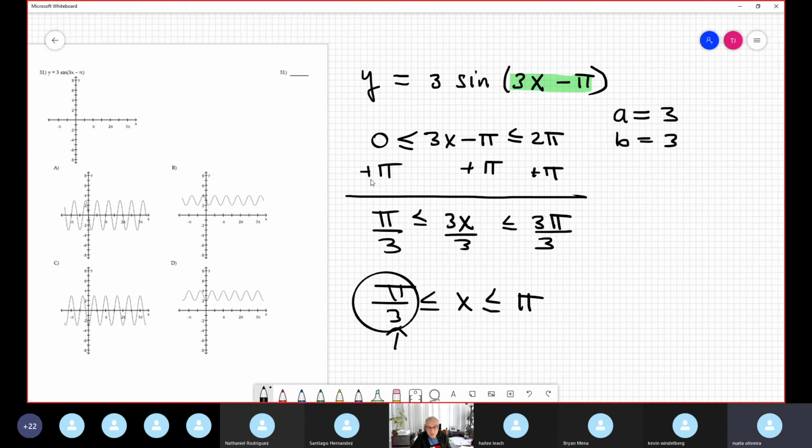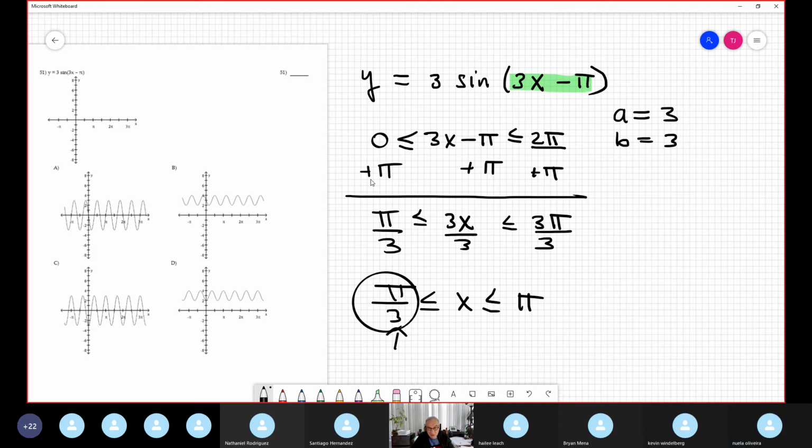So why is it 2? Why is it 2 pi, Professor, in the first part where you put 0 less than or equal to 3x minus pi?